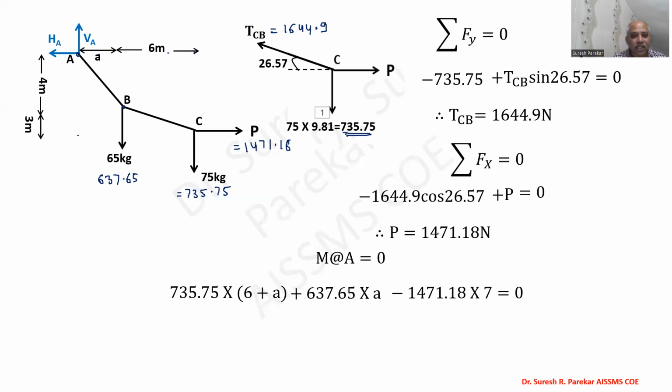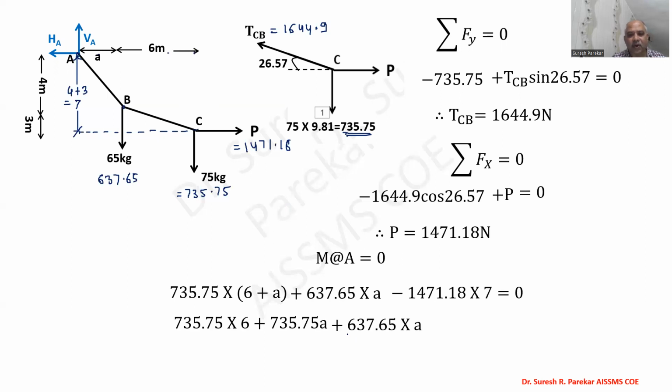Now this force is horizontal, so we have to consider the vertical distance, which is 4 plus 3 equals 7, and then equal to 0. By solving this, we get the value of A as 4.28 meters.